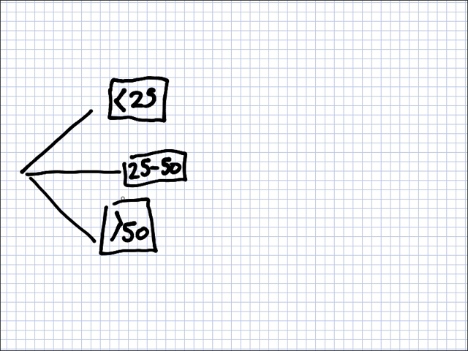If they study for less than 25 hours, the probability they will fail is 0.8. So this is fail 0.8, and so then pass is 0.2.